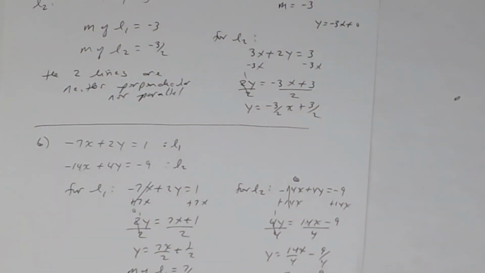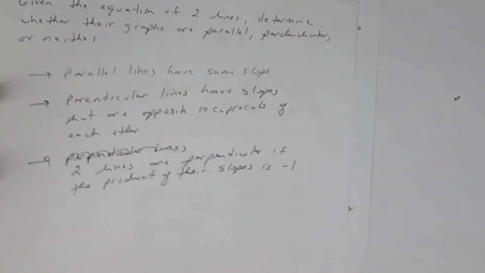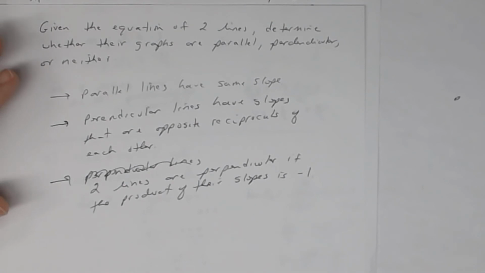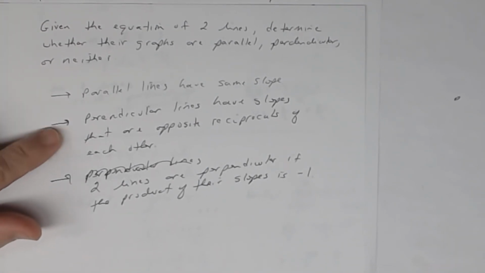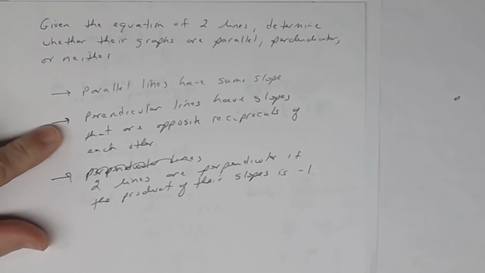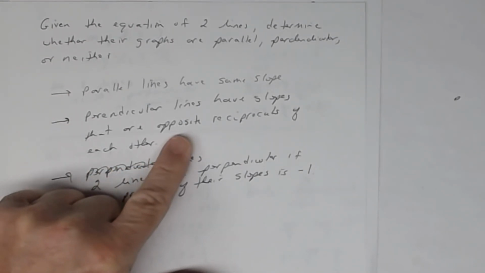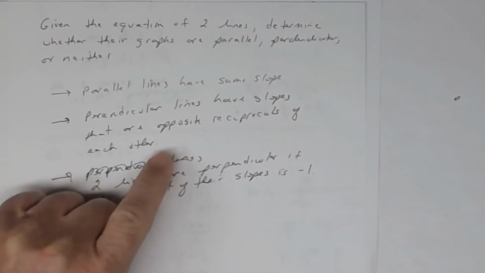All right, and that's it. That's the idea with this lesson. In this lesson, you had to use the fact that parallel lines have the same slope, and that perpendicular lines have slopes that are opposite reciprocals or negative reciprocals of each other.